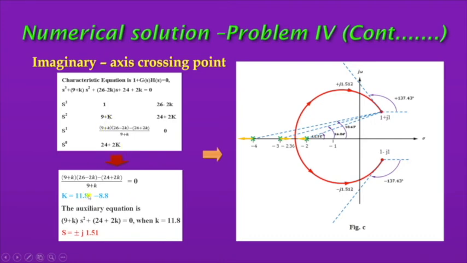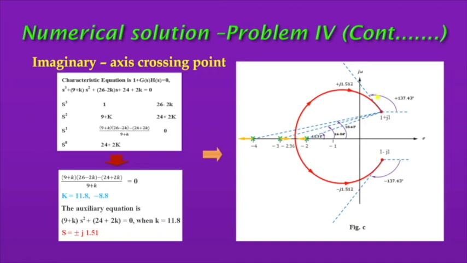Then taking the auxiliary equation 9k s squared plus 24 plus 2k equals 0, when k equals 11.8, then s equals plus or minus j1.51. So at that point, k equals 11.8 and s equals plus j1.51 and minus j1.51.